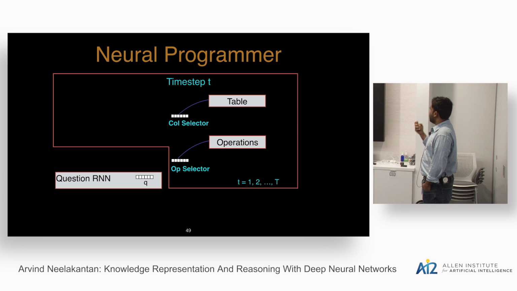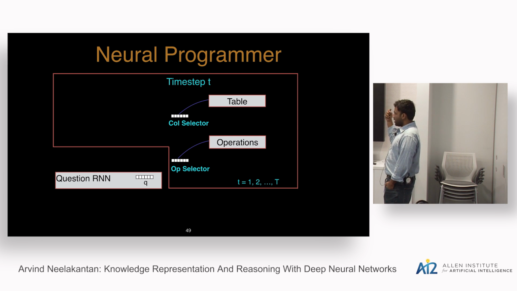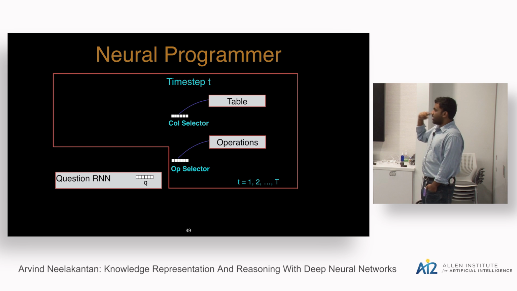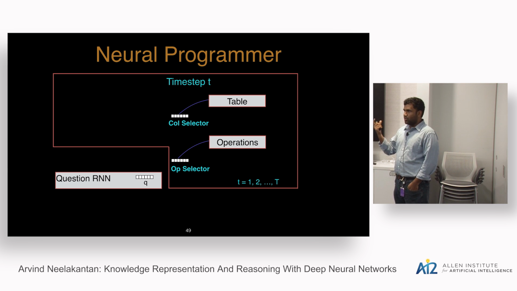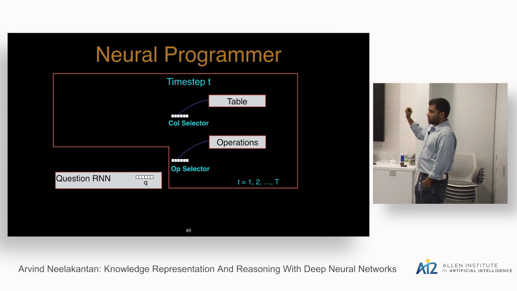The model has to select a column, which is the argument, and it also has to select a function. How it does it is you first convert the column names into distributed vectors, and you represent the functions also as distributed vectors, and the model does a selection procedure.